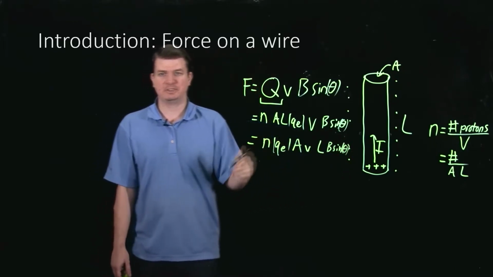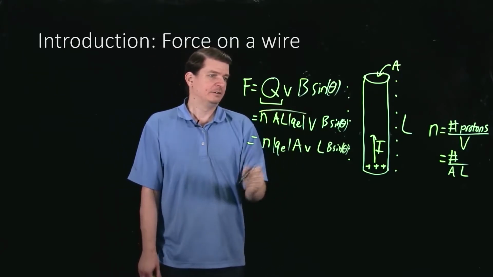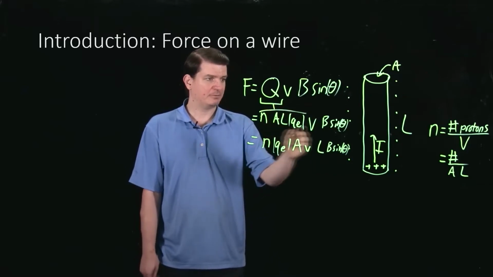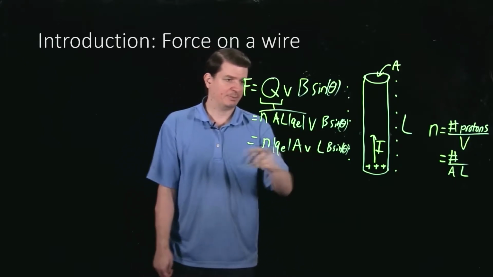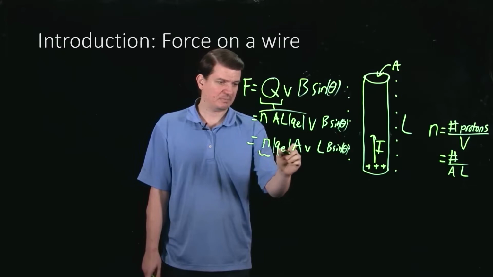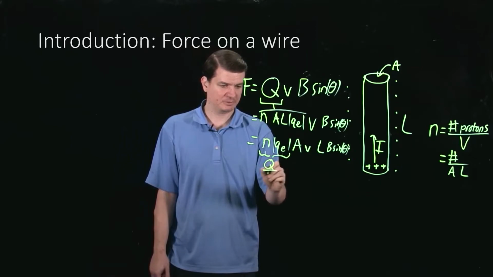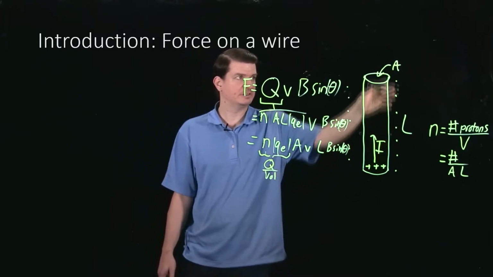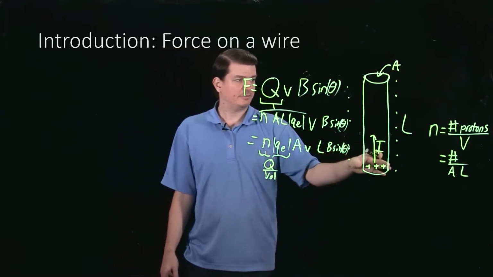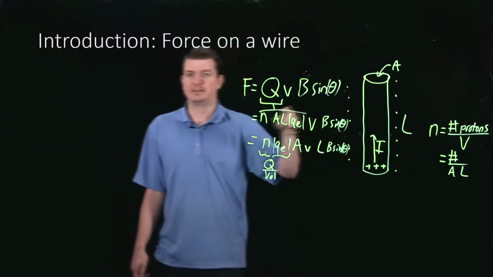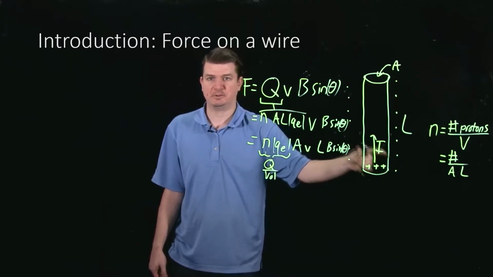All right, so why have we done this? We expanded our Q to be all of that, and then we're rearranging it to look slightly more useful. So by regrouping, what is this part? Well, n times q_e is some total charge per unit volume flowing through this entire length of the wire. But if I want to talk about current, I want how much charge flows through a piece of area at some given time.